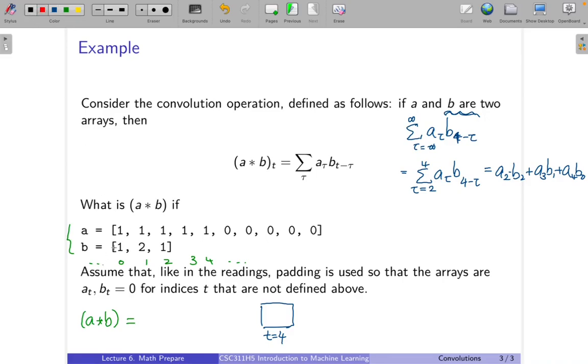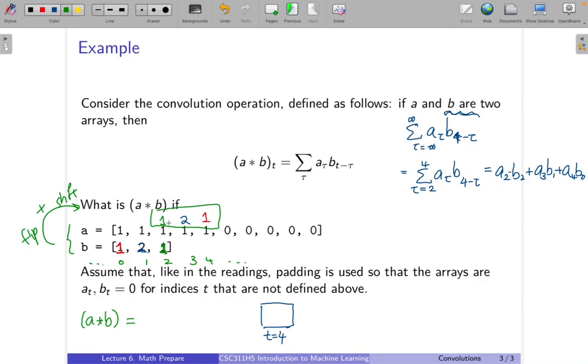So it's kind of like we've taken B0 and put it where A4 is. And same with B1, put it where A3 is. And finally, B2 here, and put it where A2 is. So we've kind of flipped B and then shifted it. So we flipped and shifted B here.